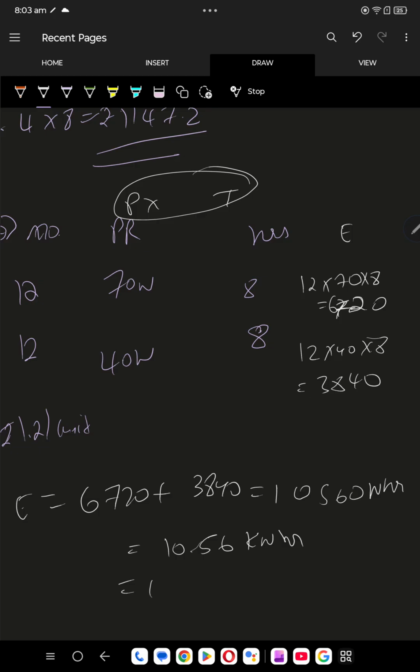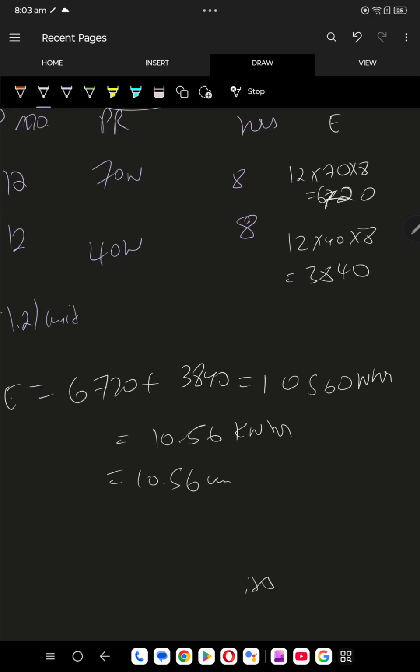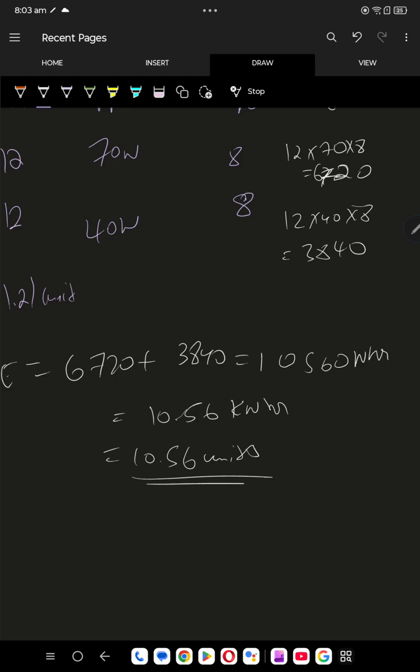The same as 10.56 units, because 1 kilowatt hour is equal to 1 unit, and this is per day. So for per month, 10.56 into 30. That you should not forget. If you directly multiply this with the cost, it will give you per day cost only. 316.8 units. This is for month.